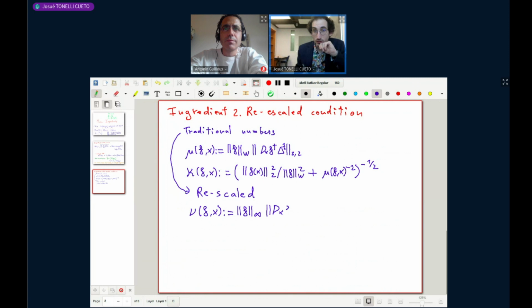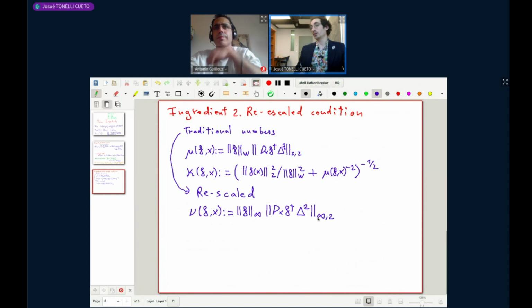Here I essentially do the same, but I put delta squared. Now I will explain why. With Felipe, if you remember, here it was only delta. Now I'm adding a square. This will become clear now. And here I will put infinity 2. So this goes from a Euclidean space with the infinity norm to the tangent space of x that has the Euclidean norm.